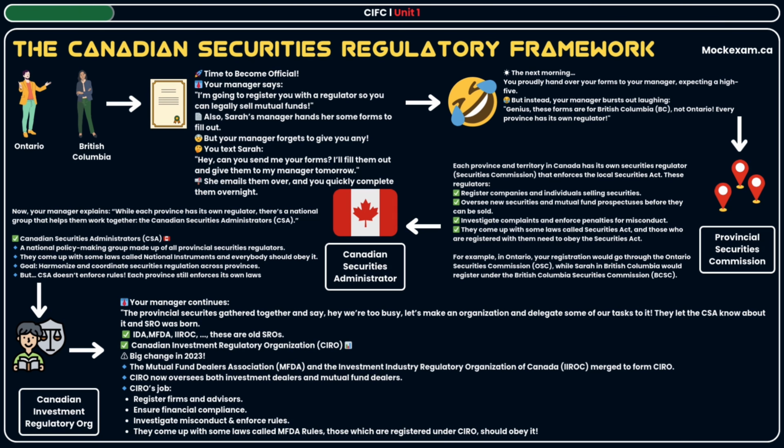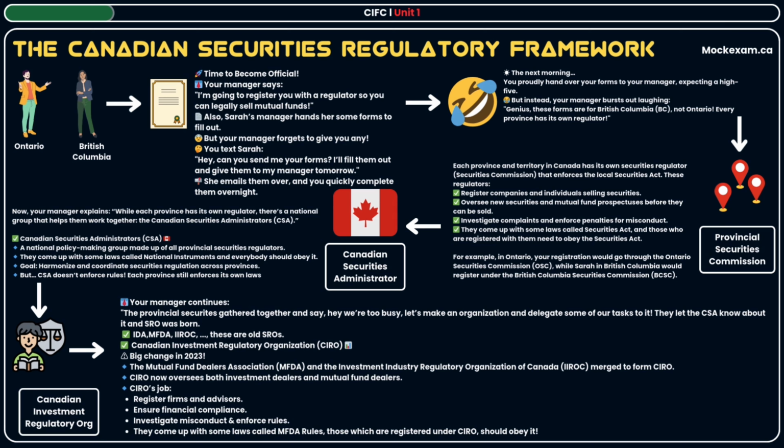That umbrella organization is called the CSA, and the CSA has their own bunch of laws, which is called National Instrument. Then we said that the Provincial Securities Commissions were lazy. They wanted to delegate some of their tasks to another private organization. Then the SRO was born. MFDA and IIROC merged together, a big change in 2023, and CIRO was born.